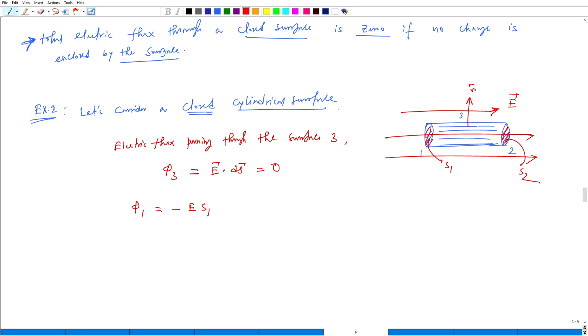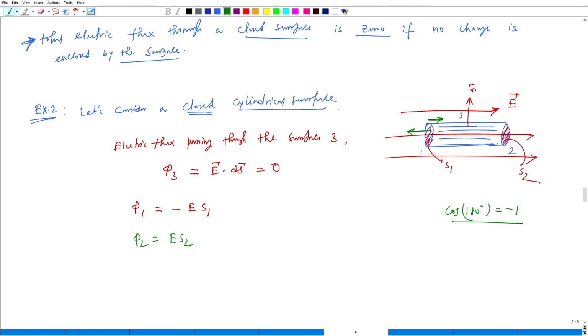In this case the area vector is in this direction, but the electric field vector is in this direction, right. So in the dot product there is a minus sign, because cos 180 degrees gives minus 1, and similarly phi 2 is plus E S2, right.